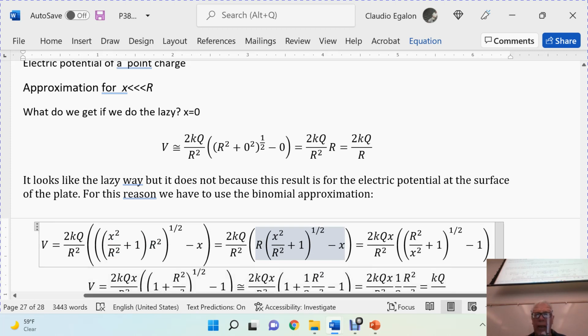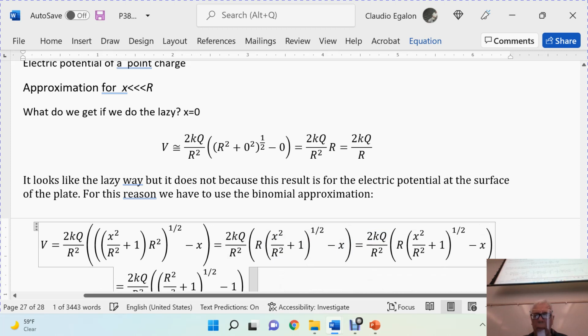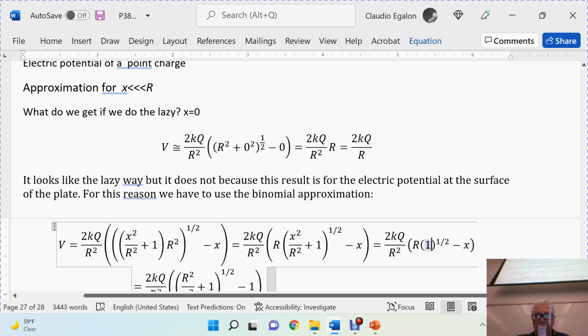Can we do anything else? No, we can't. We cannot put anything else there. We should preserve what we have and then do the binomial approximation. I'm going to just commute those two terms to make it look better.